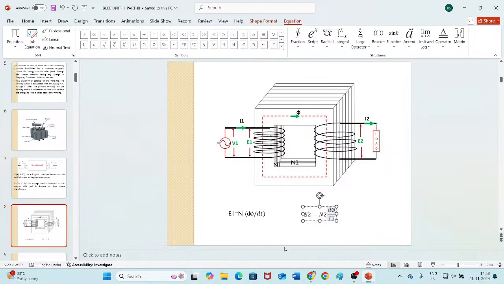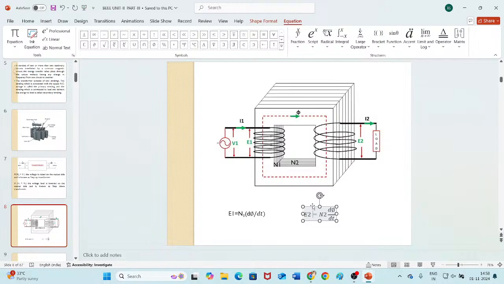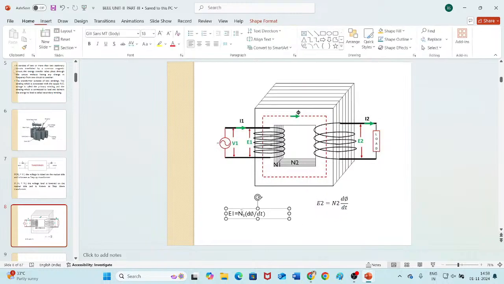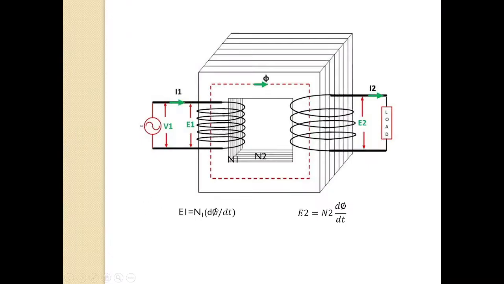So this was my phi. This is my equation for E2. It may seem they are different, but both equations are the same. I didn't use the equation mode to write it. That's it.